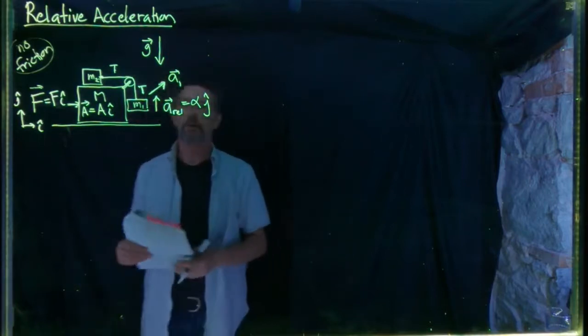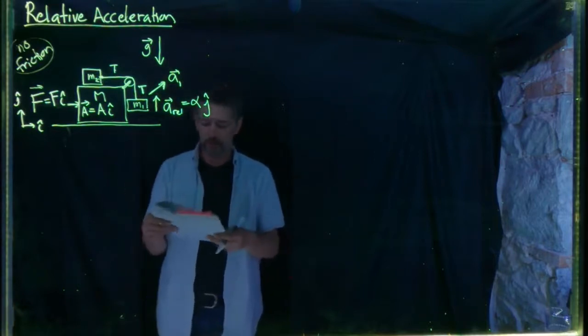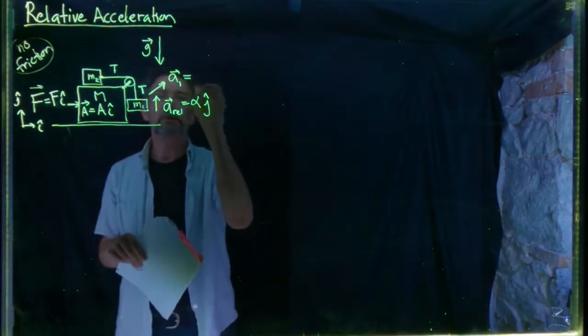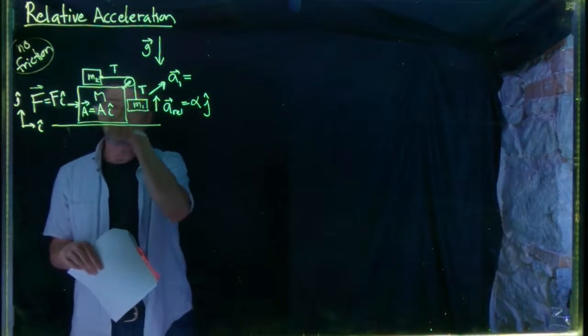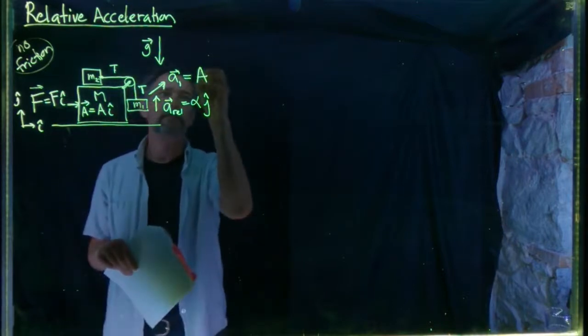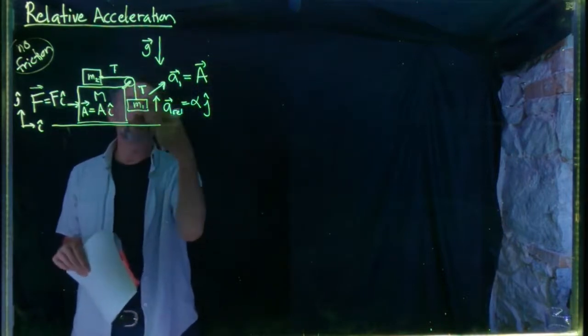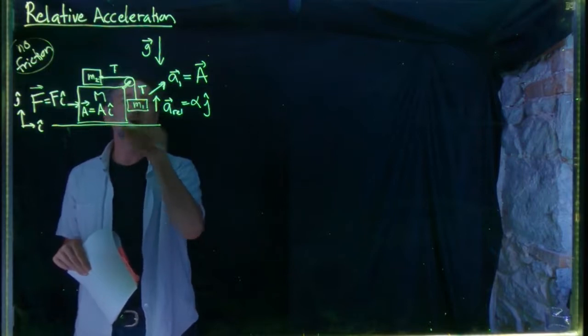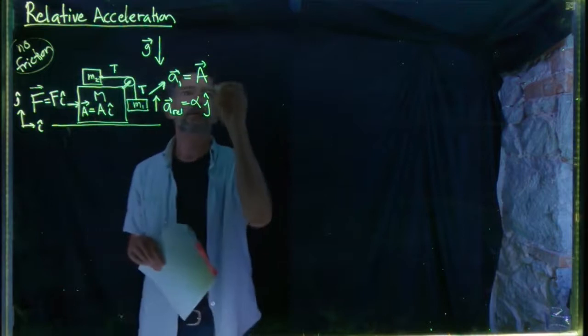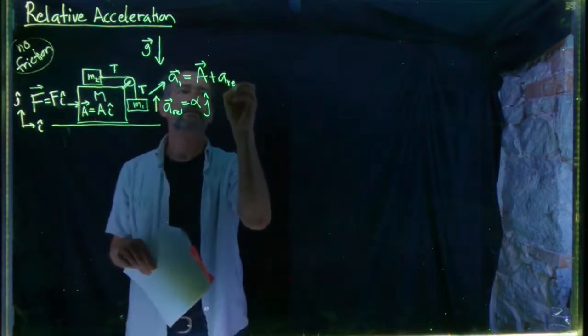The actual acceleration of block number 1 will have a horizontal and a vertical component. A1, the horizontal component, is obviously the same as the acceleration of big M, and the vertical component will be the same as the upward acceleration that someone sees who's attached to big M. So that's plus A relative.